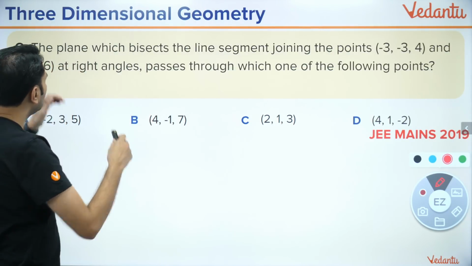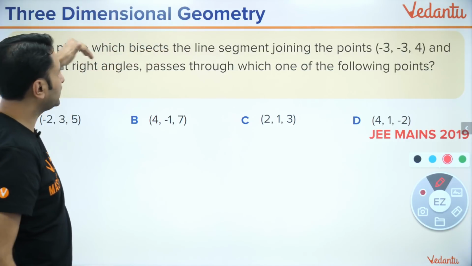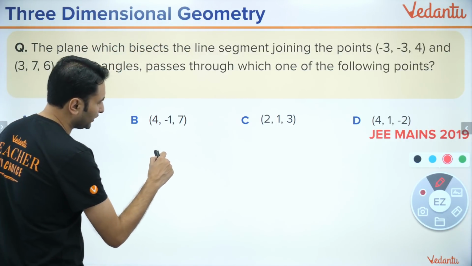So what it says, a plane which bisects a segment joining 2 points. So there are 2 points.